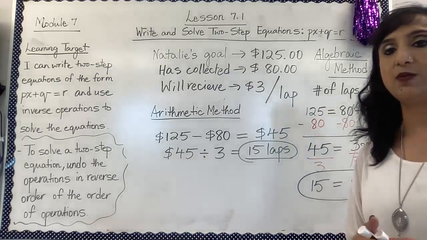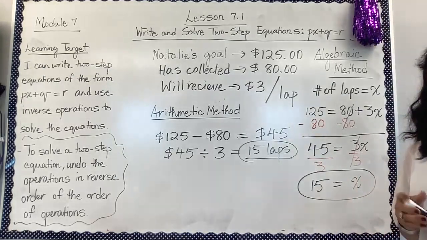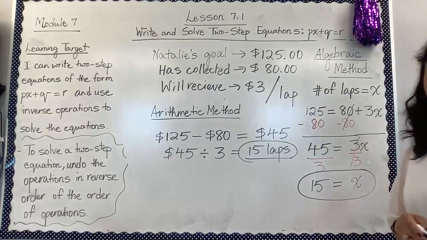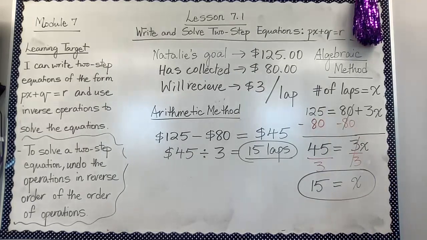So these are the two methods that can be used, which would be the arithmetic method, or we can use the algebraic method and then do the two-step equation to solve it. Okay. So learning to write two-step equations, some real-world situations can be represented by two-step equations.